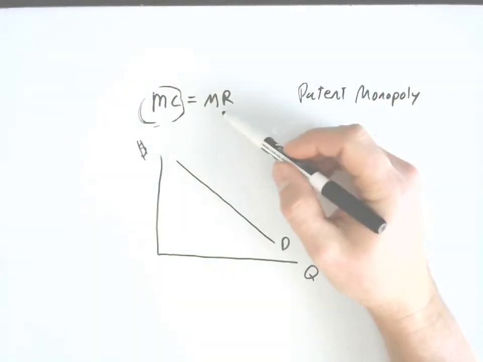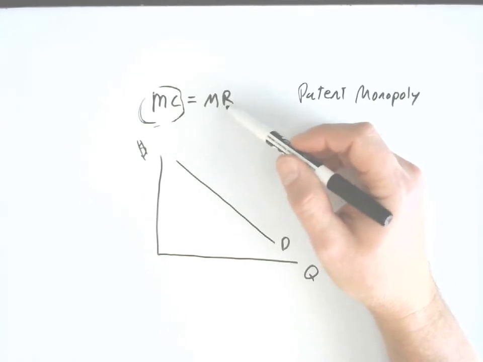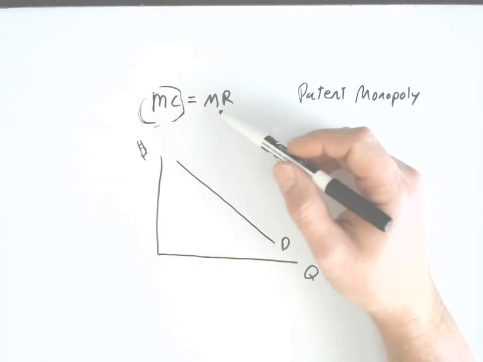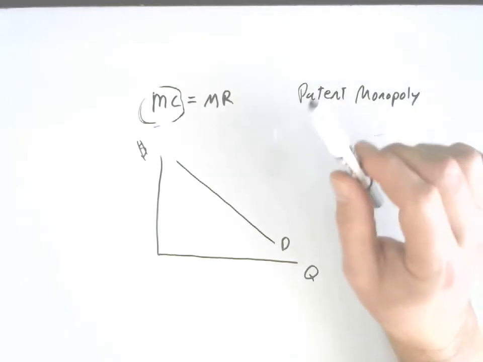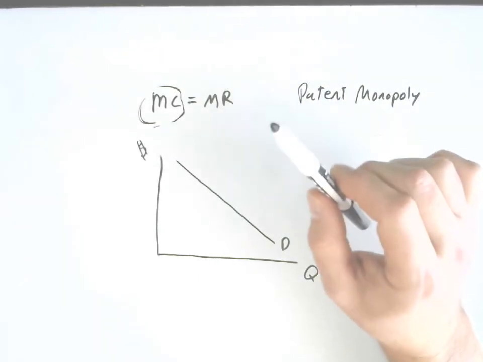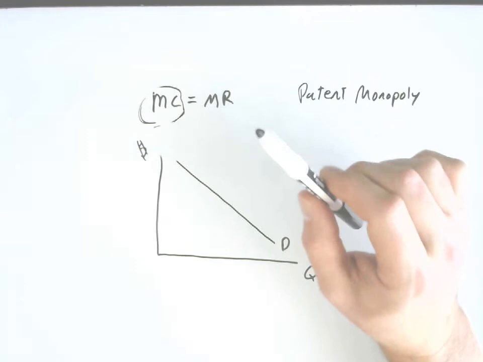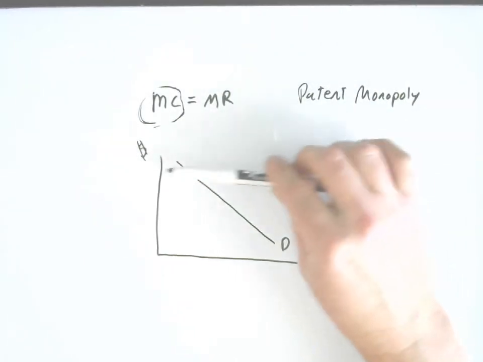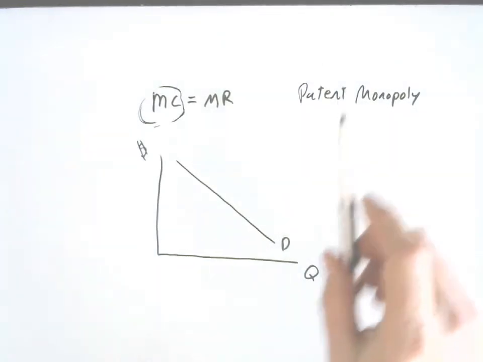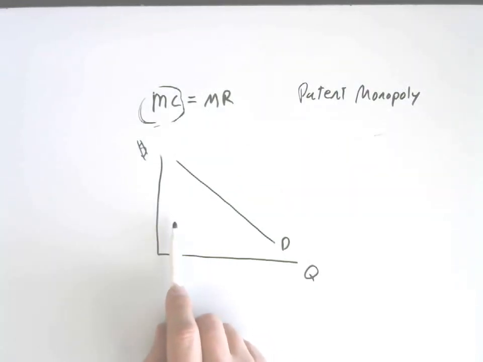Well, if we remember, marginal revenue is the change in total revenue with the production and sale of one extra unit. So when a firm sells an extra unit of a product, how much additional money does it put into its cash register? Now, we have to remember that when a firm sells a product, it doesn't sell the first unit at one price, then the second unit at another price, then the third unit at another price.